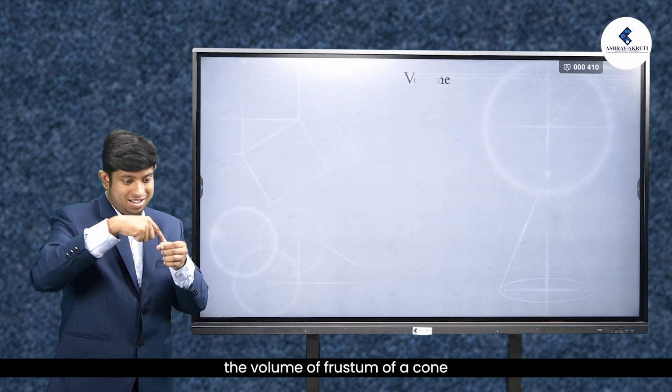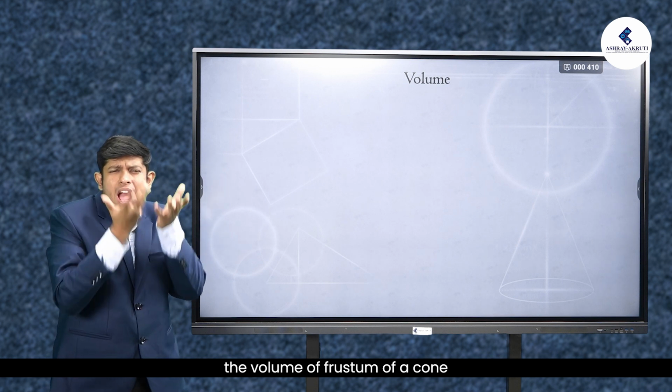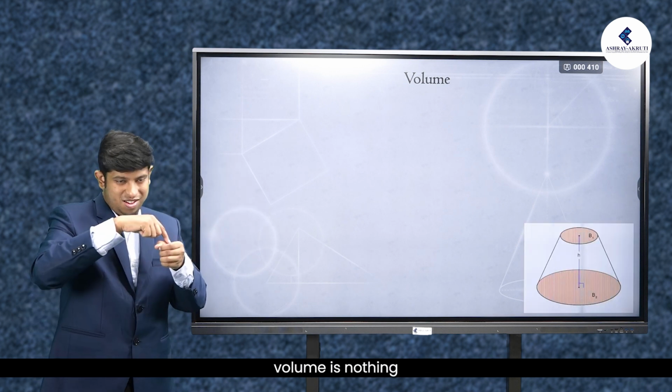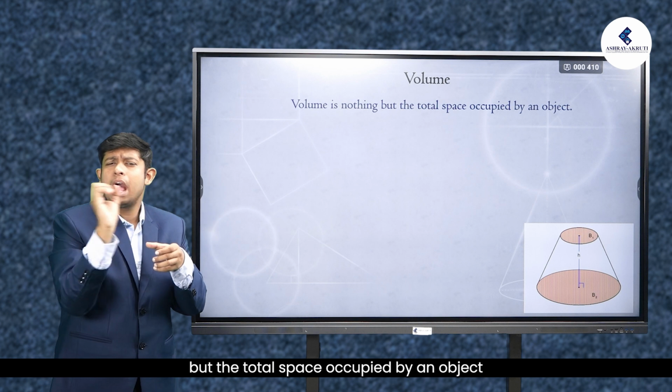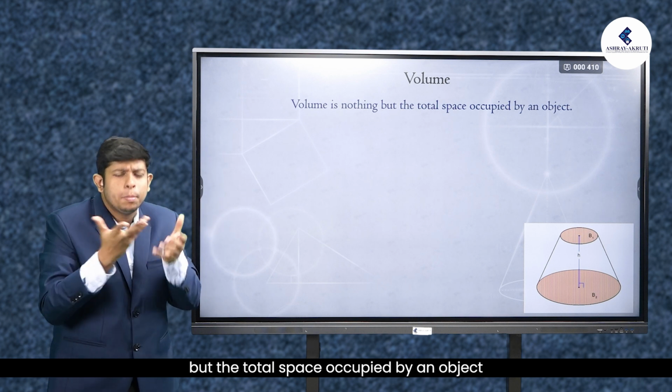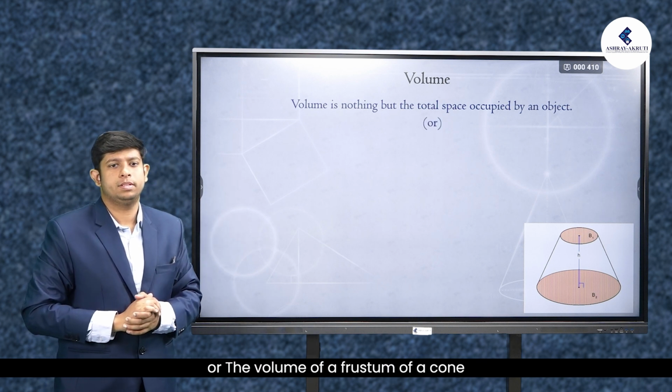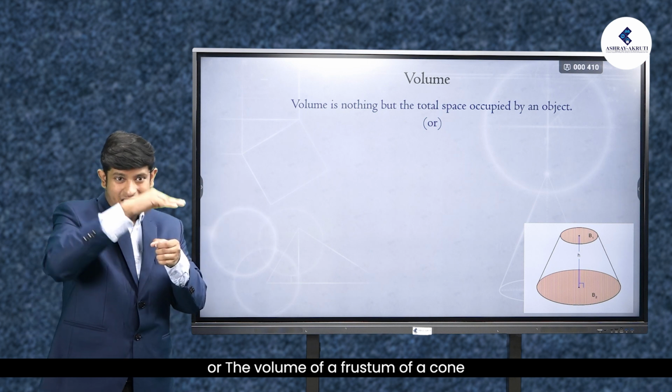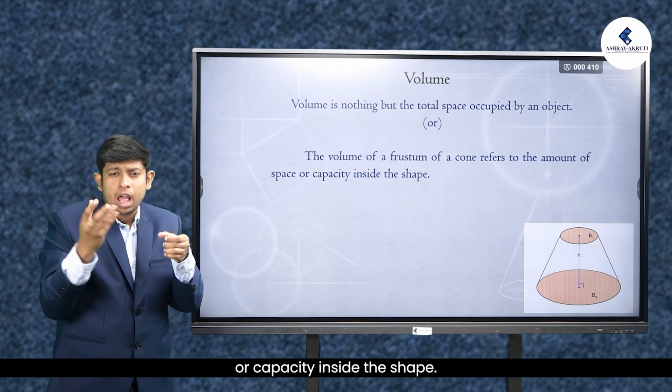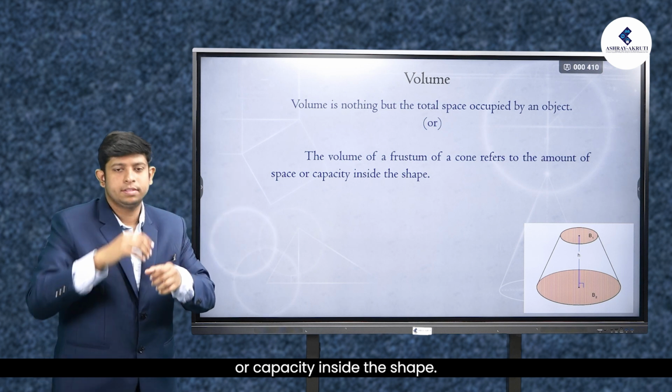Now, we will understand the volume of frustum of a cone. Volume is nothing but the total space occupied by an object, or the volume of a frustum of a cone refers to the amount of space or capacity inside the shape.